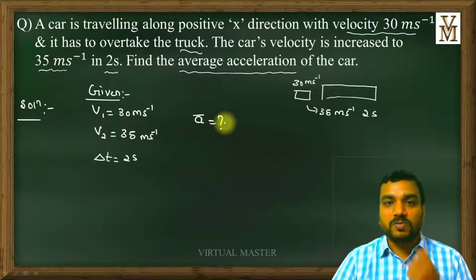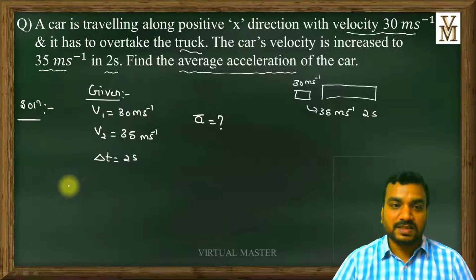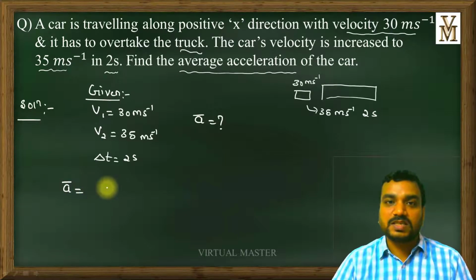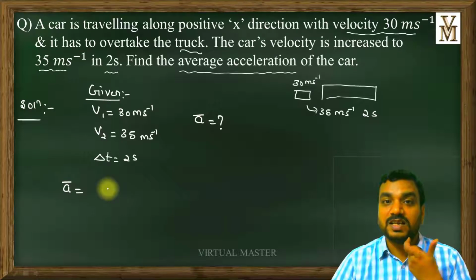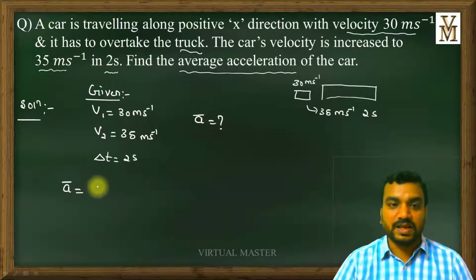We know the formula for the average acceleration, isn't it? Average acceleration, a bar, is equal to the change in the velocity divided by the change in the time taken. So I can write delta v divided by delta t. Now what is delta v?